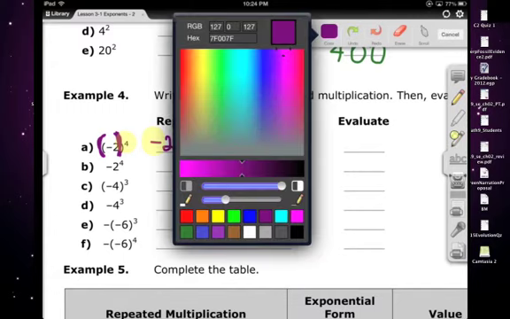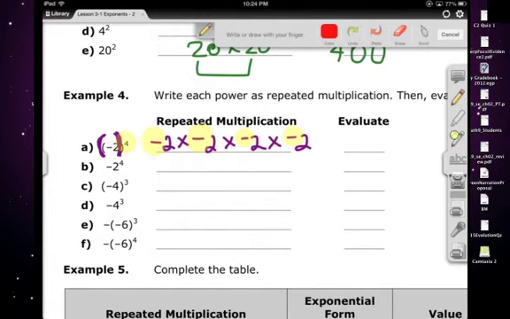Negative times a negative equals a positive. So I'll just nuke these, because that's largely what happens. The negatives cancel out, and you're left with 2 to the 4th. It's like you're multiplying 2 to the 4th. 2 times 2 is 4, times 2 is 8, times 2 is 16.